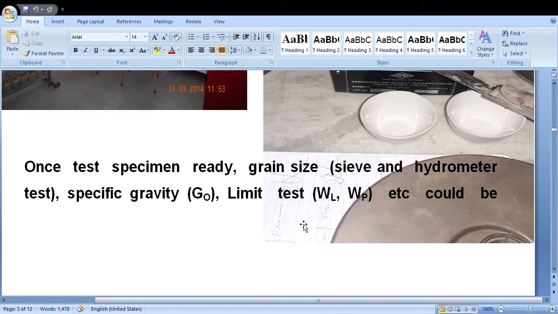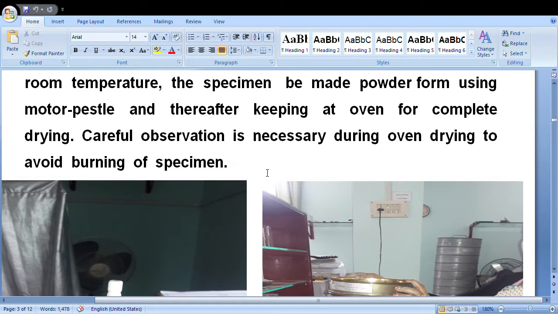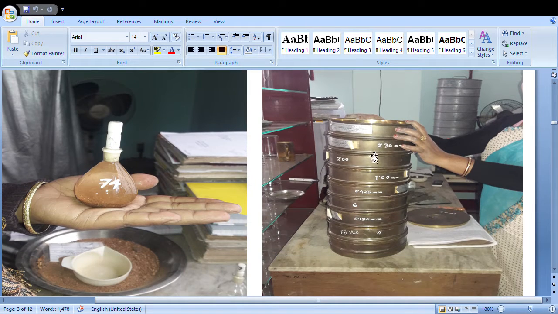Now, let us discuss the test specimen. As soon as the test specimen is ready, we should go directly for sieve analysis. This is grain size analysis.